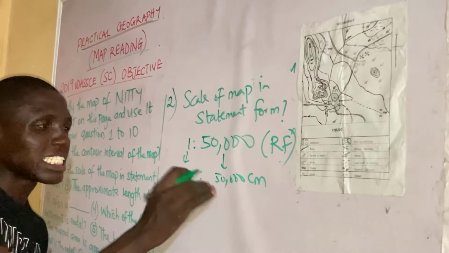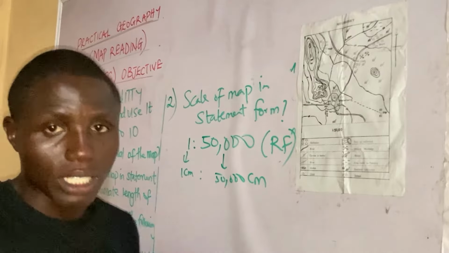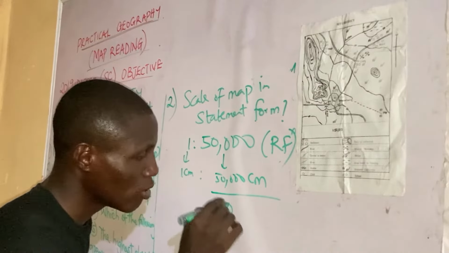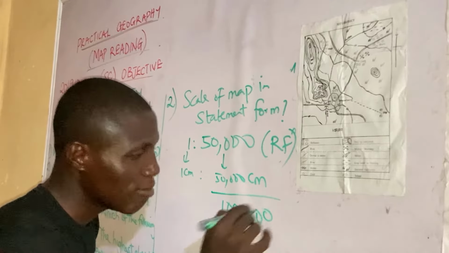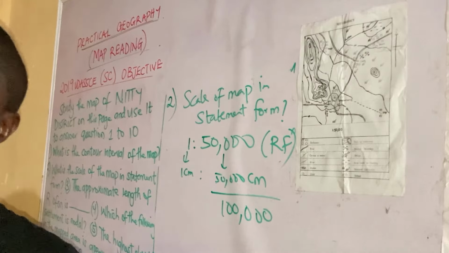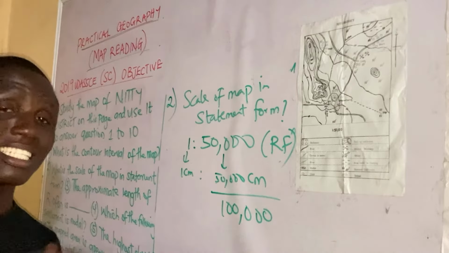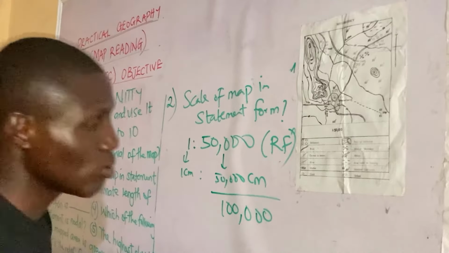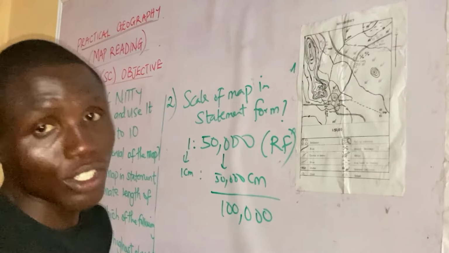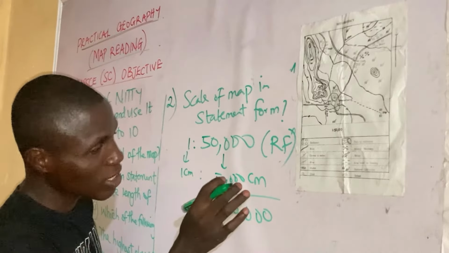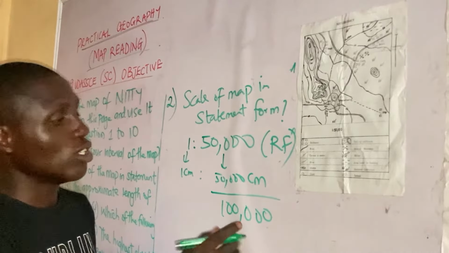We have to take this centimeter to kilometer by dividing by 100,000, because 100,000 centimeters make 1 kilometer. Please note that 100,000 centimeters make 1 kilometer. So we divide 50,000 centimeters by 100,000.